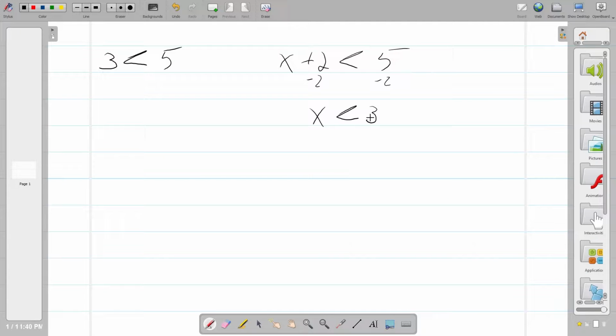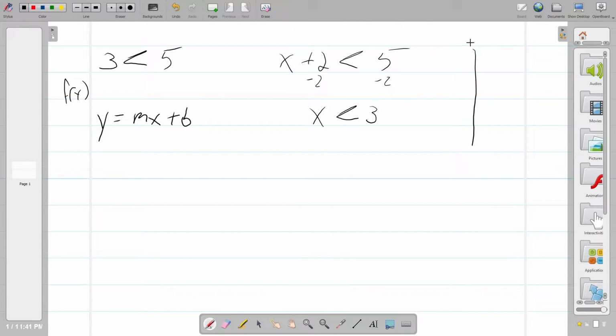Now we're going to be talking about inequalities with two variables. So we have our slope-intercept form. Everybody remembers y equals mx plus b. Remember that? If not, let me refresh you. Y is our f of x.